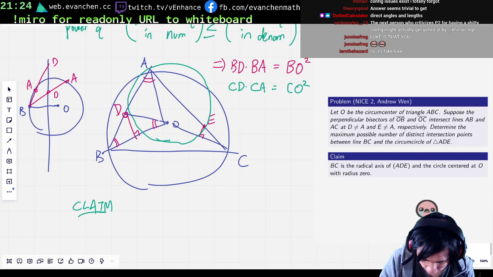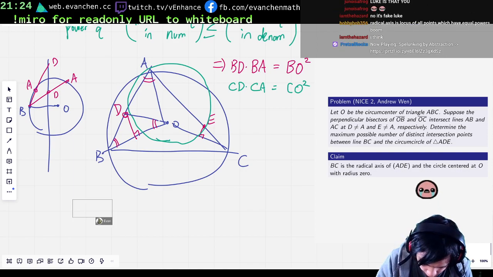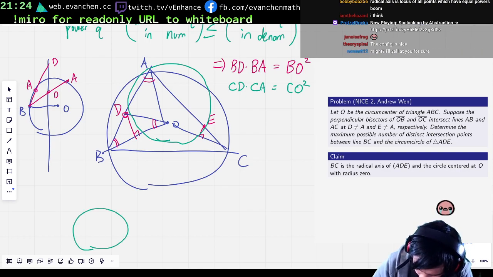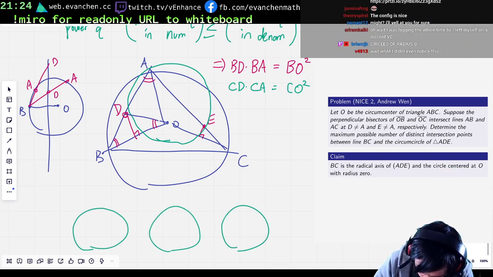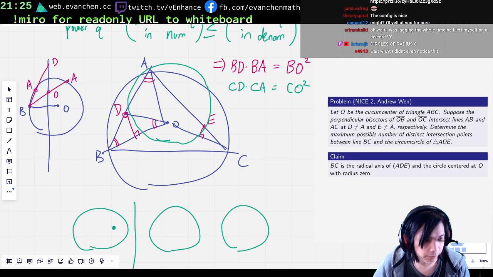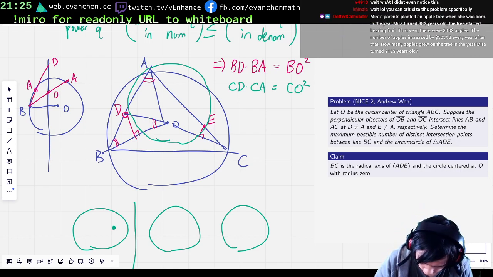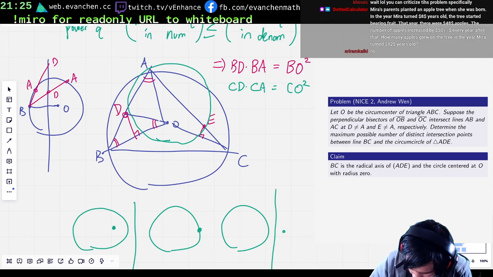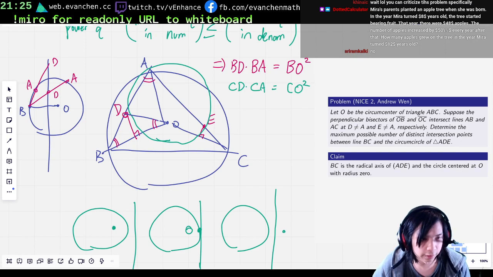Now the question is, what does that tell you about the intersections? If you imagine ADE, there are a couple of cases. If O is in here, the radical axis is here, so they don't meet. This picture's a little bad. If O is out here, the radical axis looks like this, so they don't meet. If O is on the circle, then they meet at exactly 1 point.